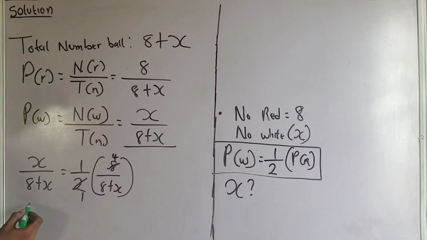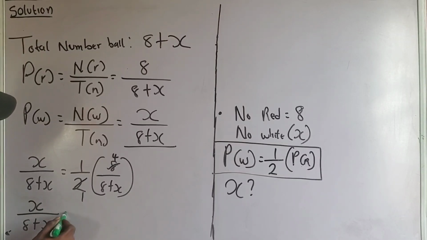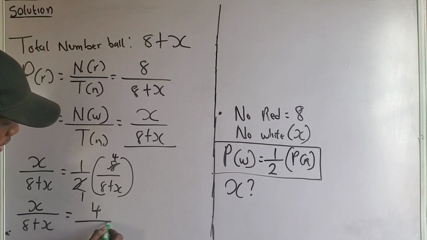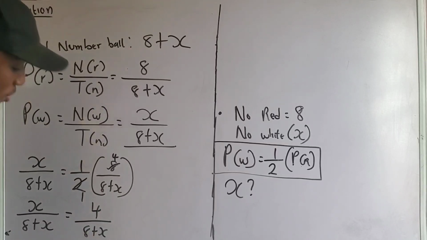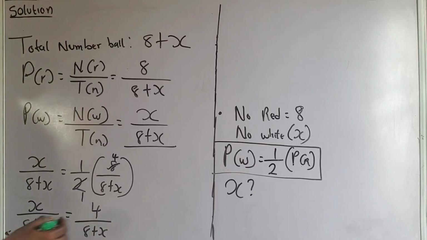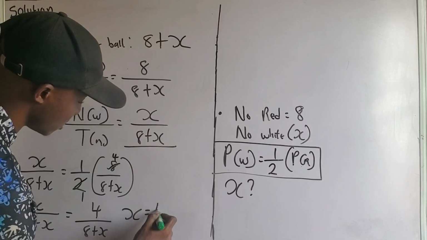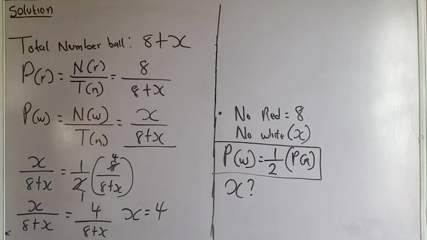So I'm going to have x all over 8 plus x equals 4 all over 8 plus x. If you compare both sides of the equation, the value of x is equal to 4. Do you understand? If you compare both sides, x over 8 plus x equals 4 over 8 plus x.